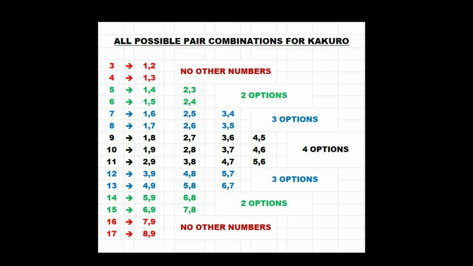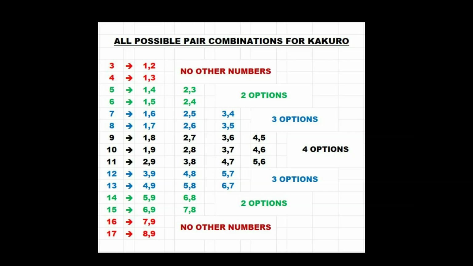The numbers that have two options are the 5 and the 6, and also the 14 and the 15. When you get into the numbers like the 7 and the 8, you can look down there, they've both got three different options, and also the same thing with the 12 and the 13. The numbers in the middle, 9, 10 and 11, all have four options.